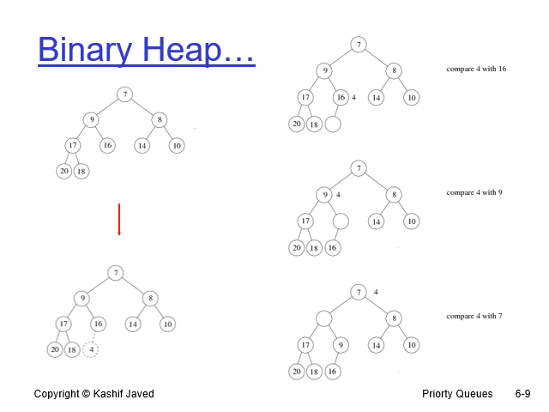Let's start with this example. This is an illustration. If you look at the given binary heap on the left-hand side, on the top of the figure, we can see there's a binary heap 7, 9, 8, 17, 16, 14, 10, 20, 18. Now I want to insert a new number. Follow the red arrow.